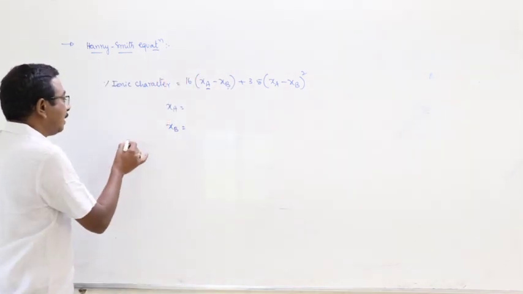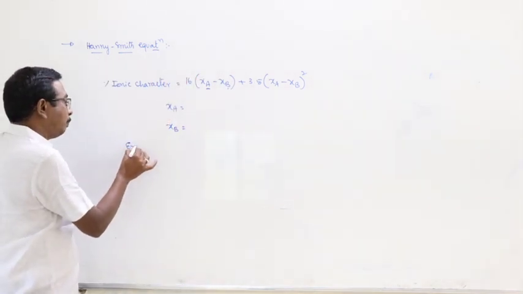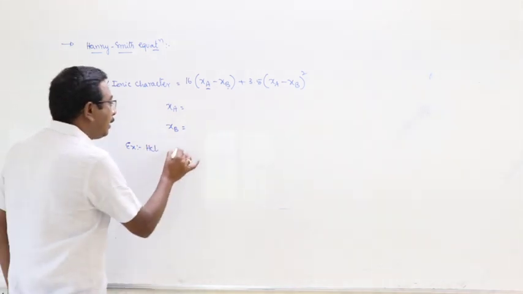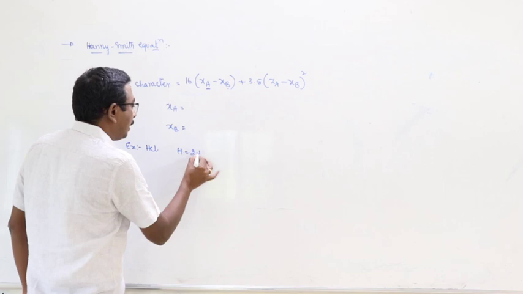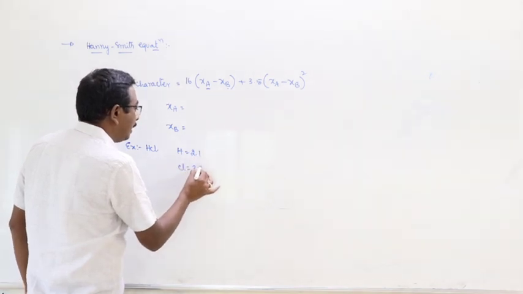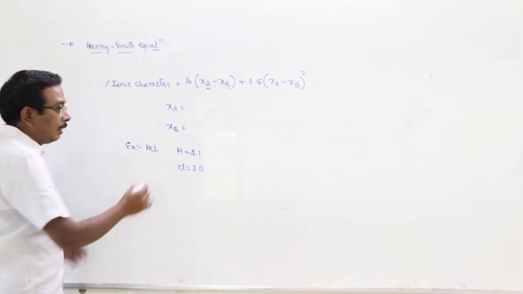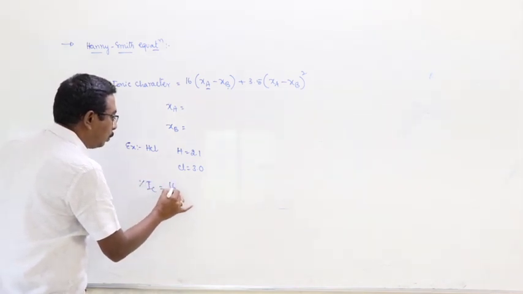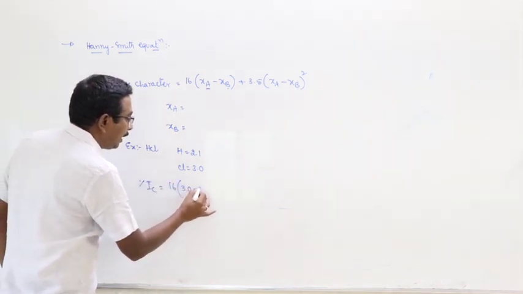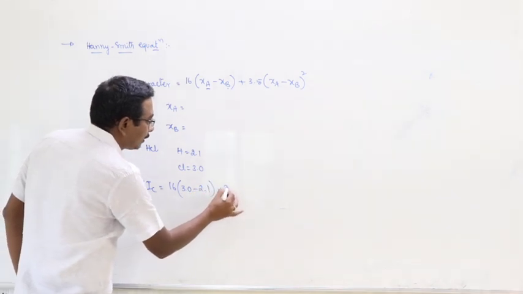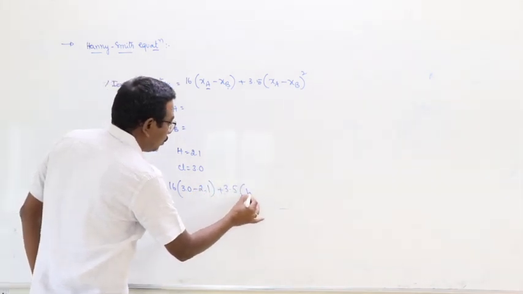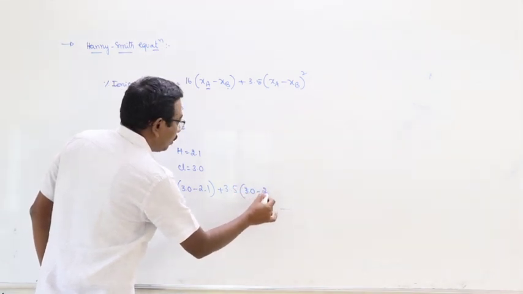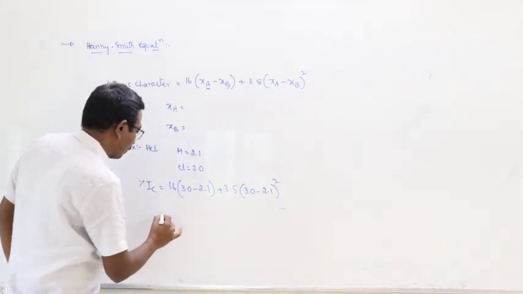Let us consider an example, that is HCl. Hydrogen electronegativity 2.1, chlorine electronegativity 3. Here, percentage of ionic character is equal to 16 into (3 minus 2.1) plus 3.5 into (3 minus 2.1) whole square.